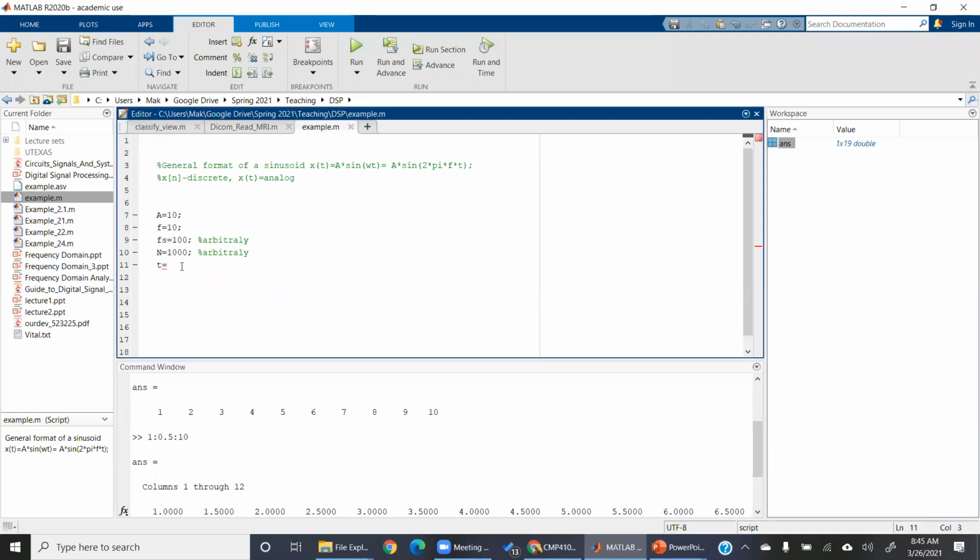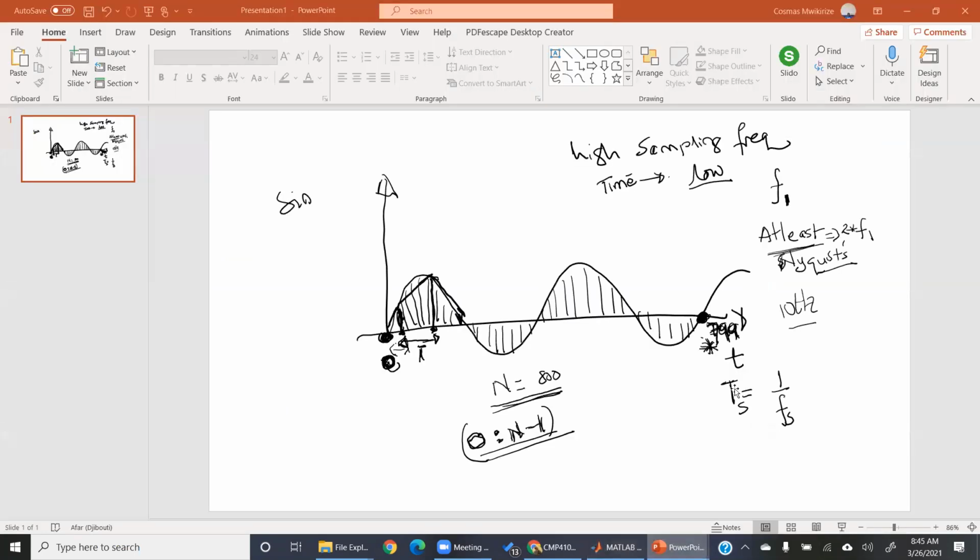Now, what I want to do here is to say that I want an array from 0 up to n-1. And since I'm talking about time, and we saw from this formula that Ts is 1 over Fs, if I want to convert this to a time scale, 0 to n-1, I multiply it by Ts, which is 1 over Fs.